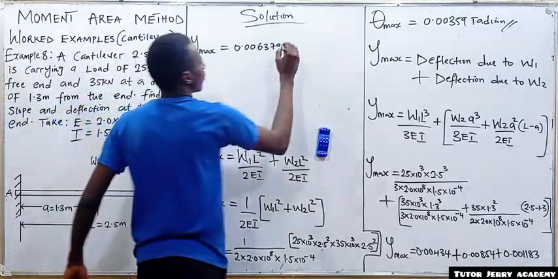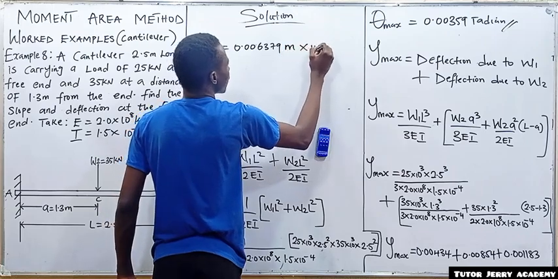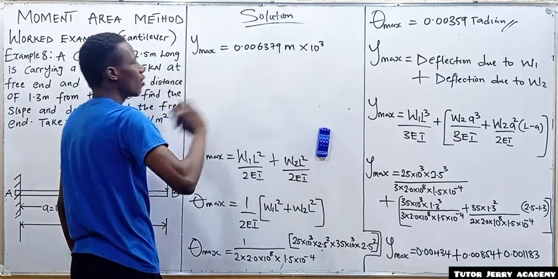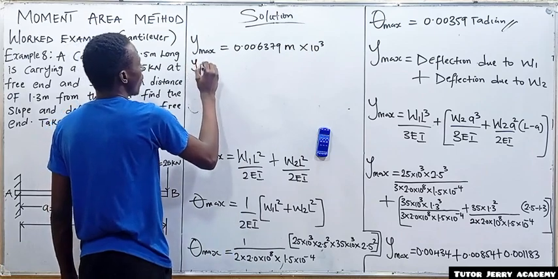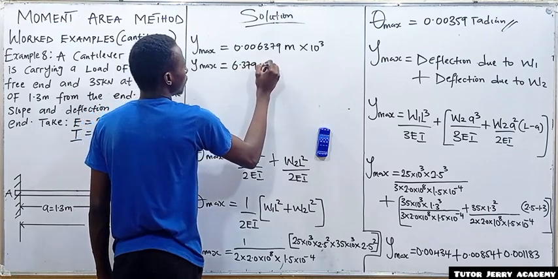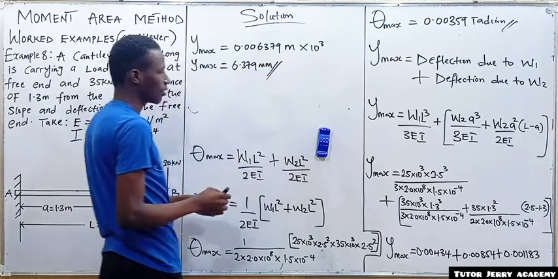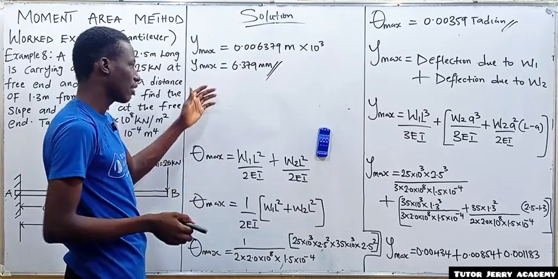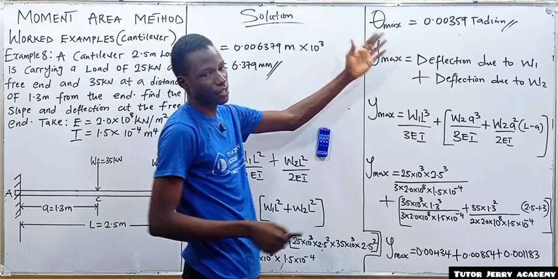But this is in meters, so we need to convert it to millimeters. We multiply by 1000. If we do that, our y max will be equal to 6.379 millimeters. This is our value for y max, and this is our value for theta max.